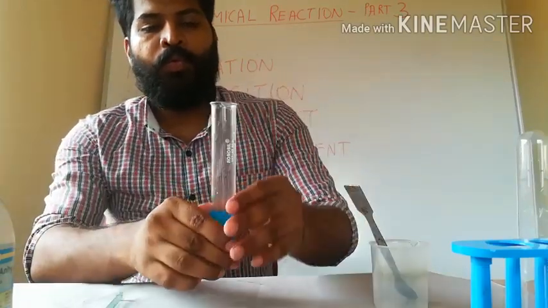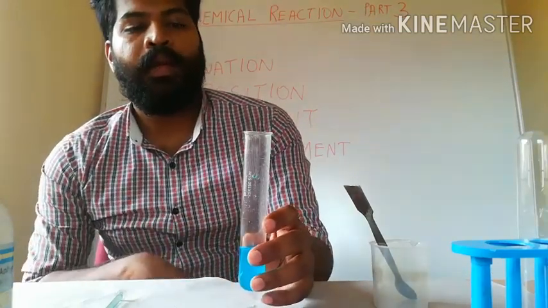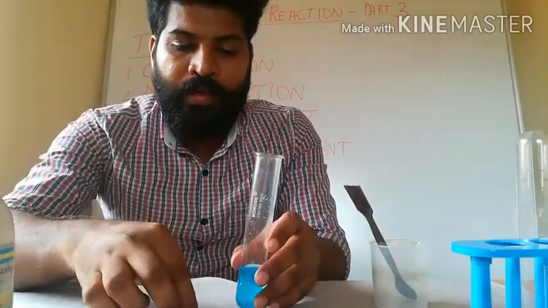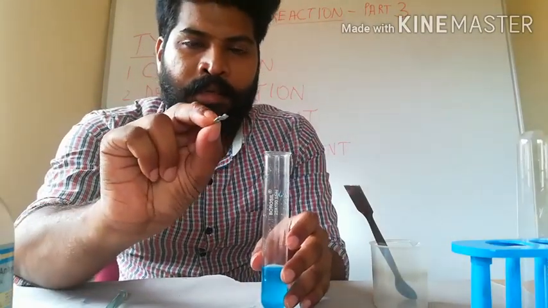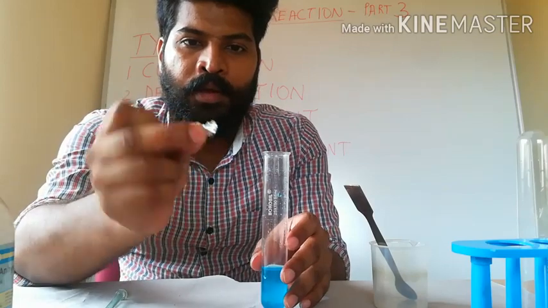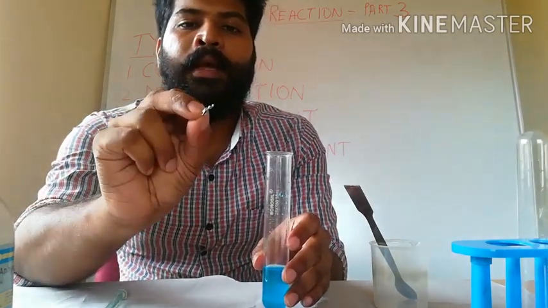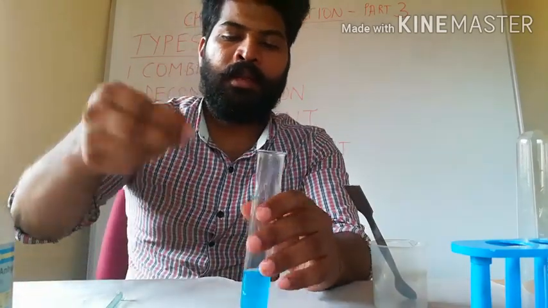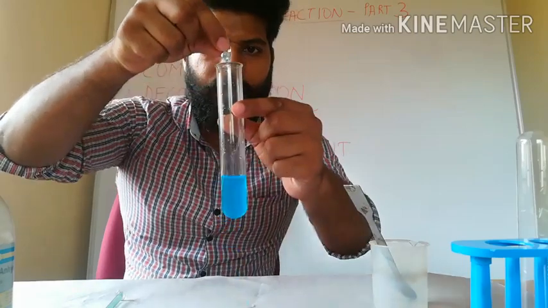Now we need a more reactive element than copper. We take our zinc metal, zinc Zn. It is a highly polished silvery colored element. So we have to add this zinc to this copper sulfate solution. So we are going to add it.